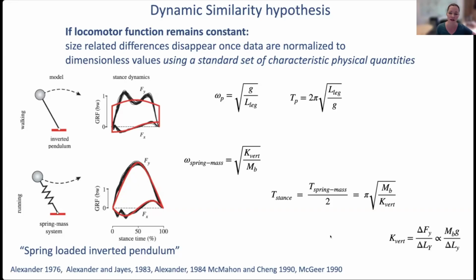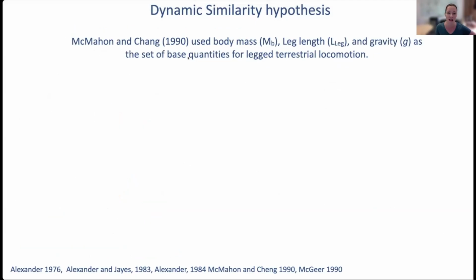So considering these characteristic time periods and the parameters involved in them, McMahon and Chang proposed body mass, leg length, and gravity as the set of base quantities for legged terrestrial locomotion from which you can derive your dimensionless quantities, okay?